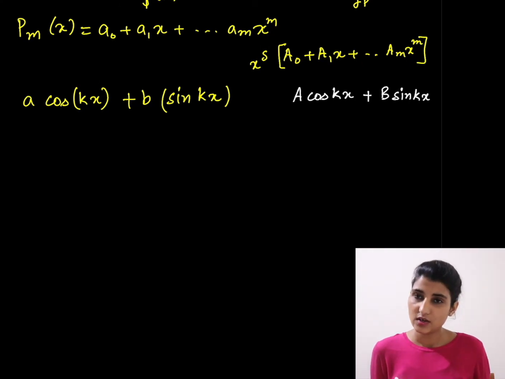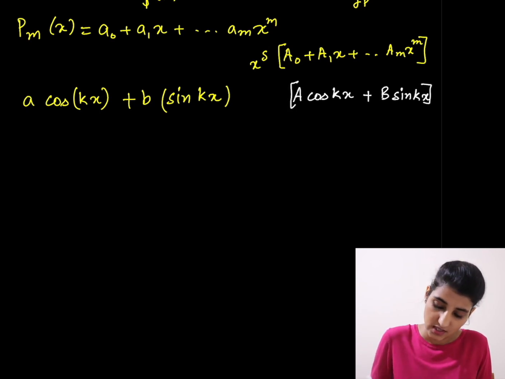Suppose you have only cosine kx as your f(x), then also your yp is a cosine kx plus b sine kx. And if there is a duplication, we will multiply by x power s.